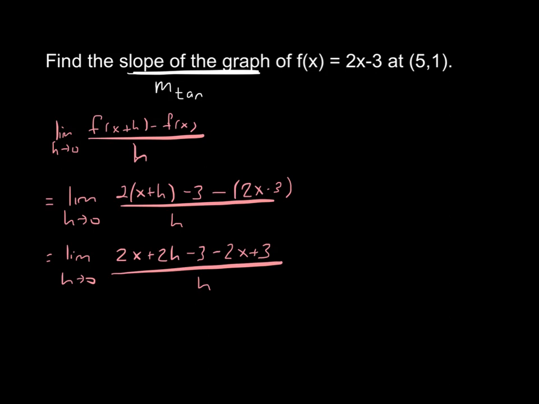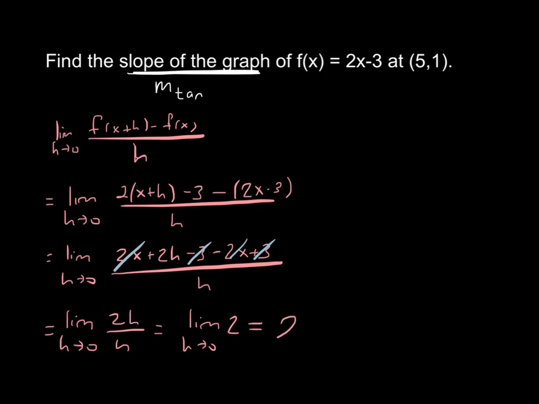And some terms cancel. Our 2x's are gone, our 3's are gone. And we're left with 2h over h, which is just 2. 2 is constant, so as h approaches 0, 2 is just 2.